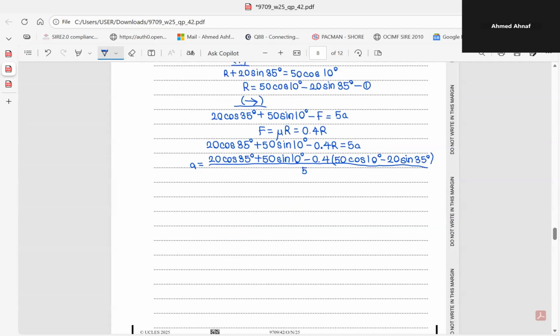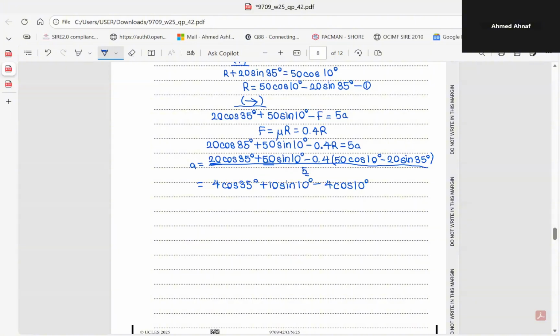Okay, so let's try simplifying that. So this is the same as 4 cosine 35 degrees. So 20 divided by 5, 50 divided by 5, that's 10 sine 10 degrees, minus 0.4 times 50 divided by 5, that is minus 4 cosine 10 degrees.